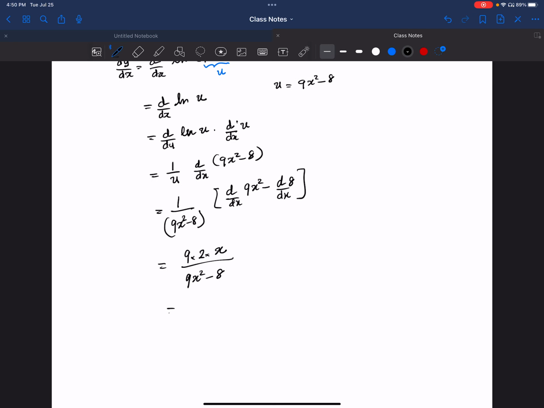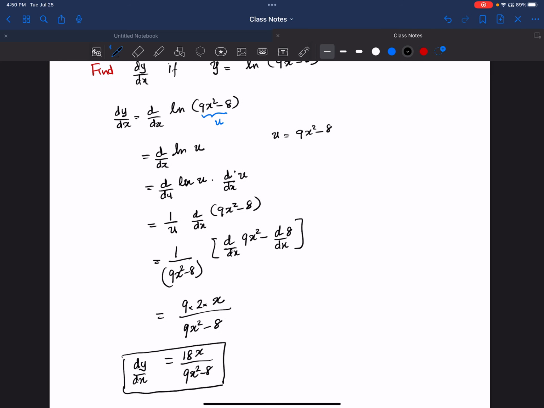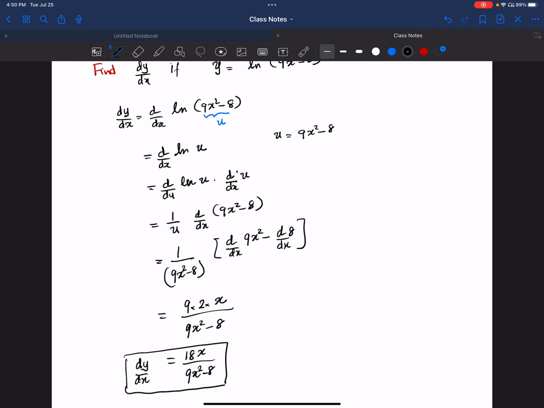So this is 18x divided by 9x squared minus 8. So that's dy over dx. So what we did was we used the chain rule effectively here to solve that problem.